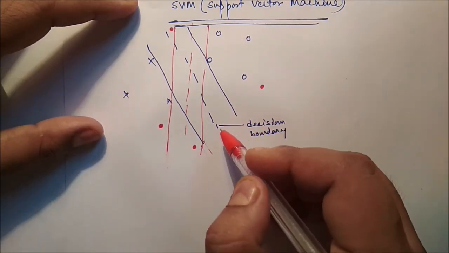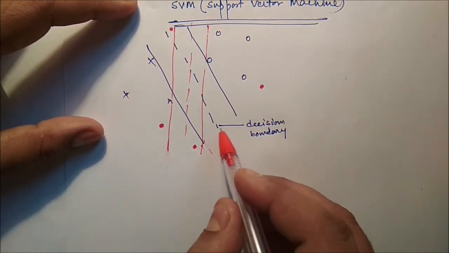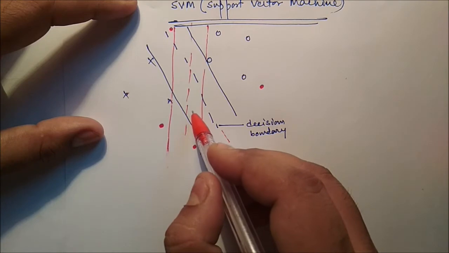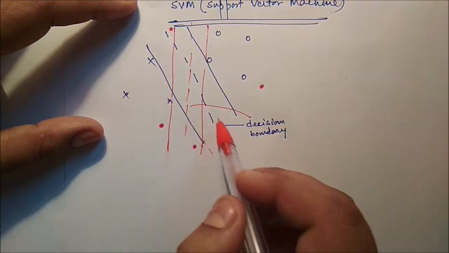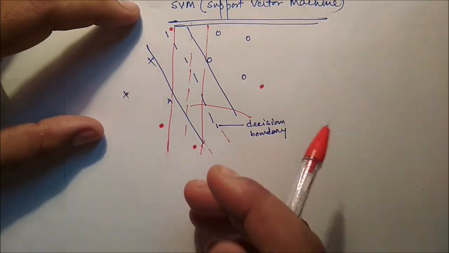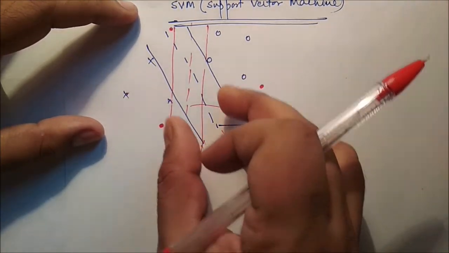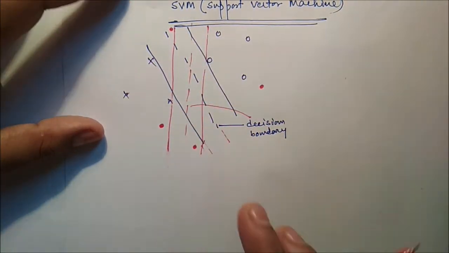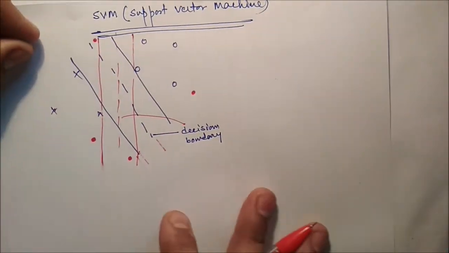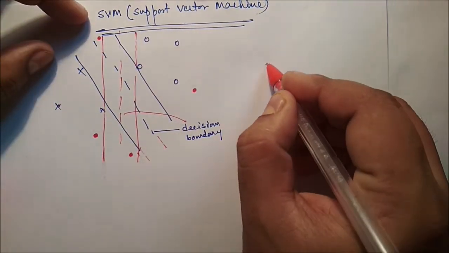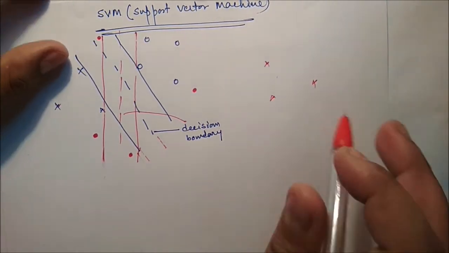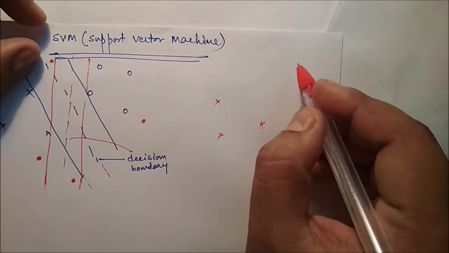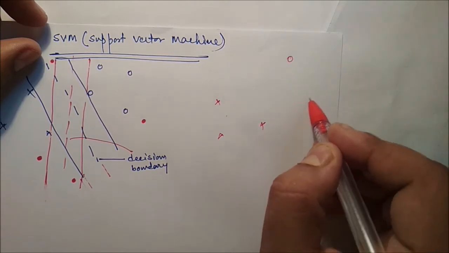Now here we have to choose the hyperplane. This is one decision boundary and this is another decision boundary. The question is which decision boundary is the best one. Suppose this is one hyperplane. We can take some more simple data, say this one, this one, and this one.